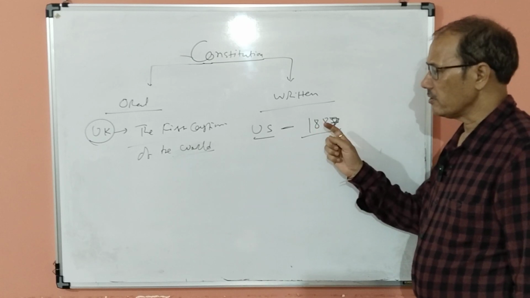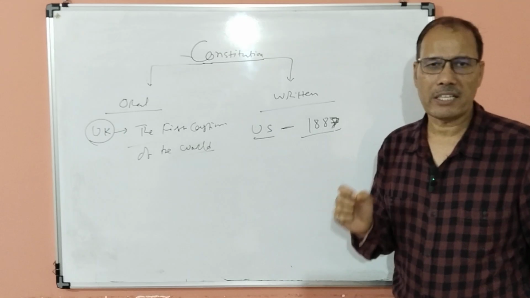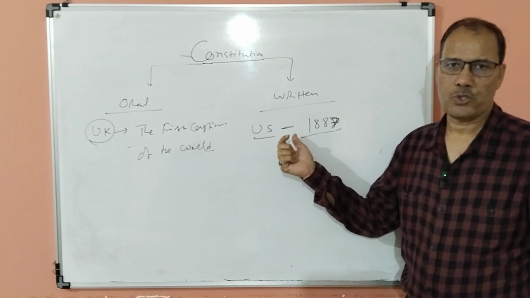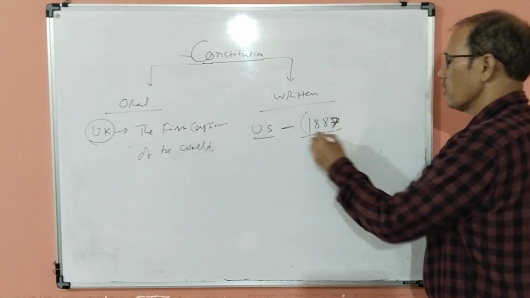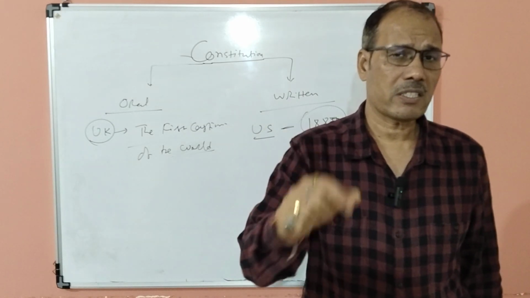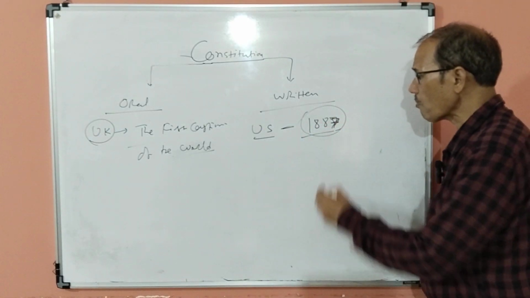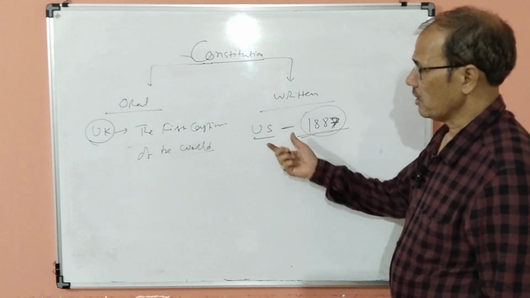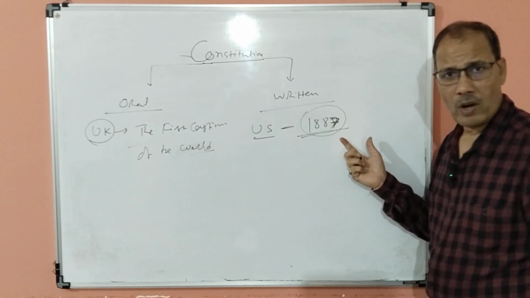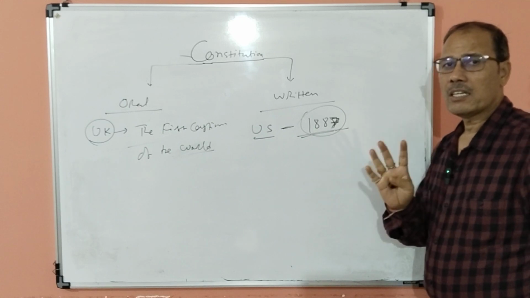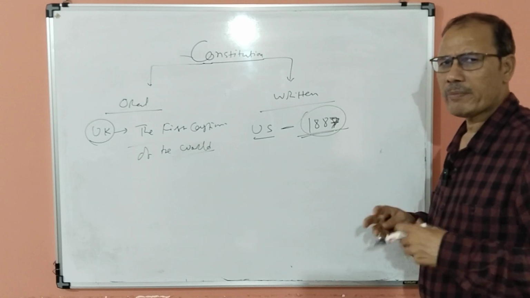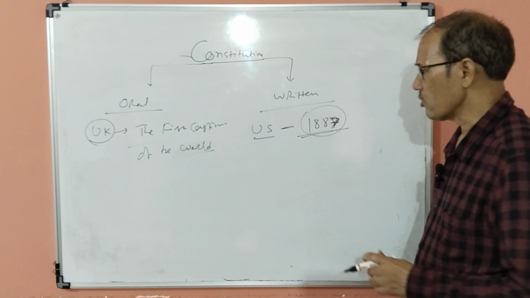Washington was the first president and Thomas Jefferson was the second president of the US. The constitution framed was the first written constitution of the world. Only 7 articles were there. Further amendments were made and more articles were added to the constitution.